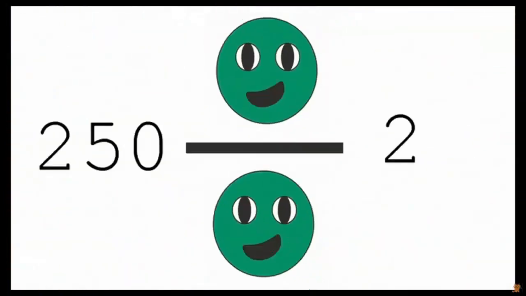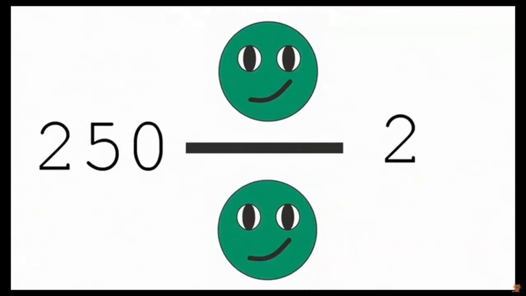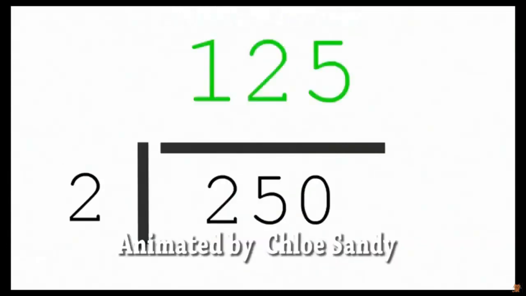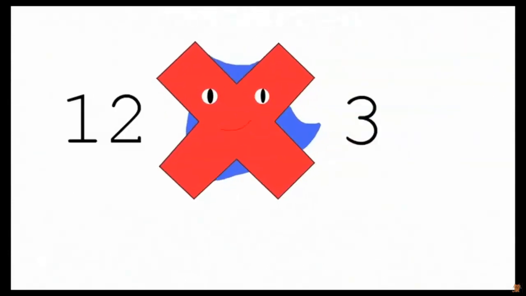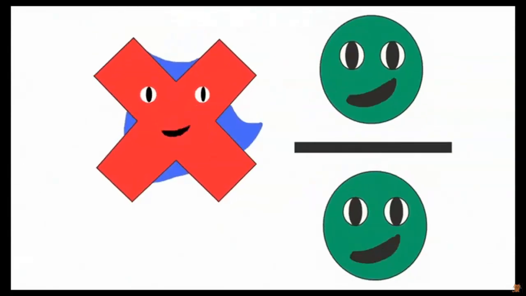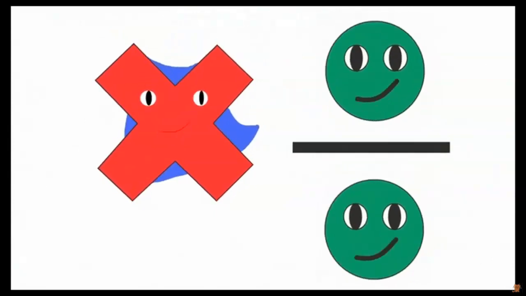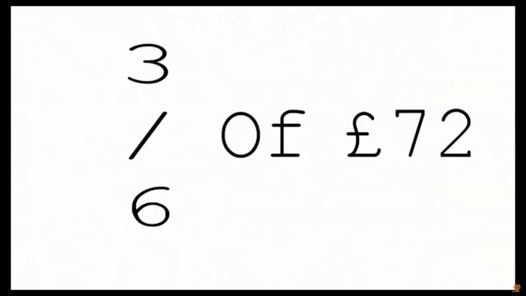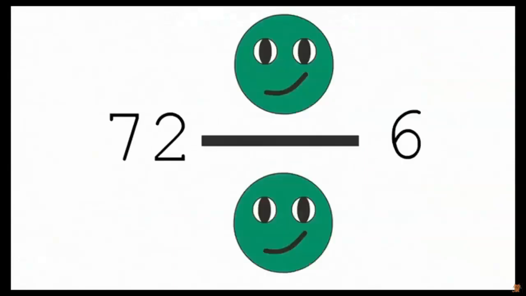Hello, I'm Danny Division and I can divide. For example, 250 divided by 2 equals 125. I'm Super Times. And I can multiply. For example, 2 times 2 equals 4. We can help you with finding a fraction of quantity. To find 3/6 of £72, you divide 72 by 6.